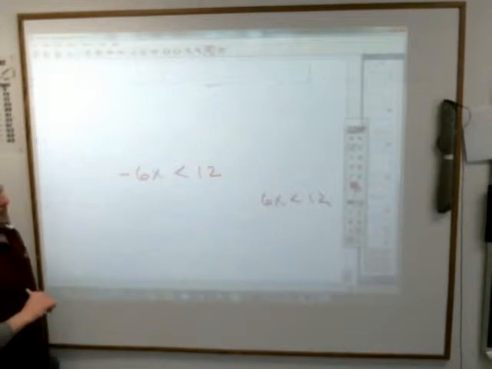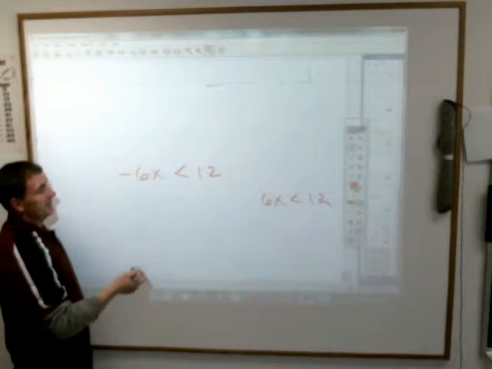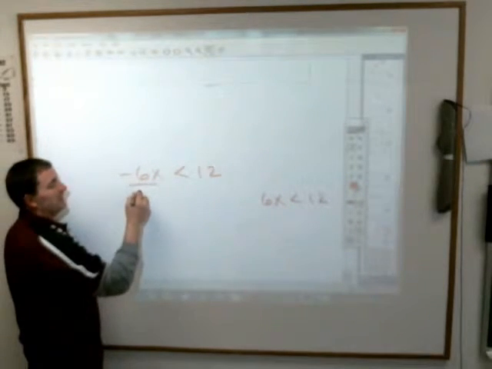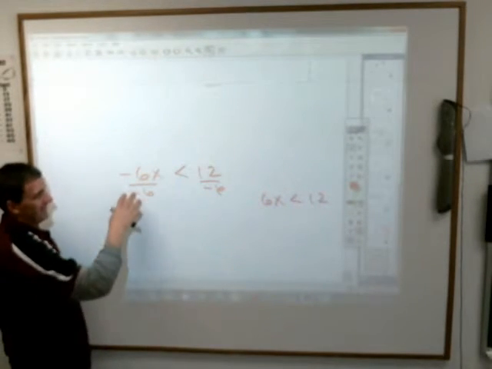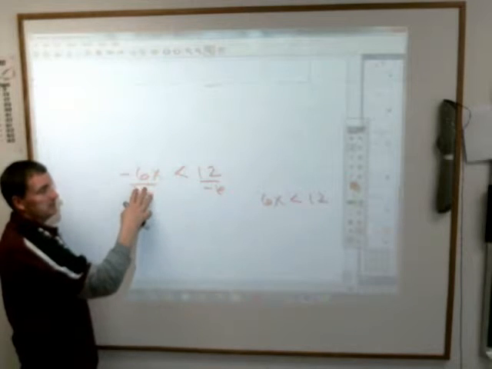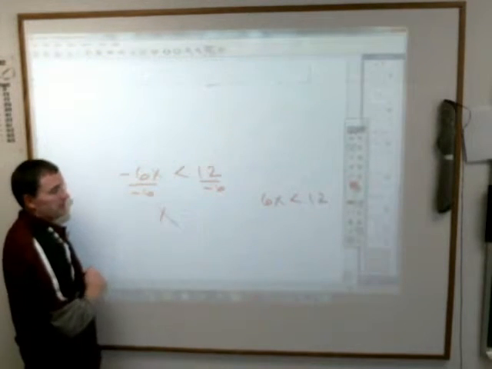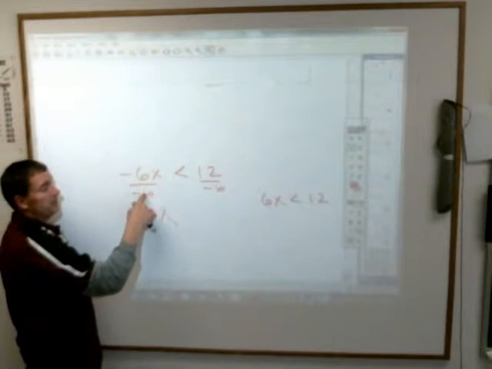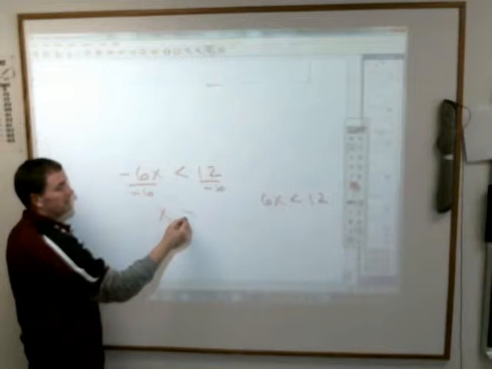Rather than dividing by 6 and then changing the signs, you can do it all at one time. You can divide by a negative 6 and divide by a negative 6, because that'll make this positive. Negative 6 divided by negative 6 is a positive. So I end up with a positive x there. But since by multiplication or division I changed the sign, I must change the inequality to its opposite.